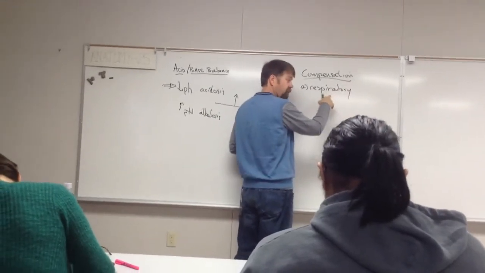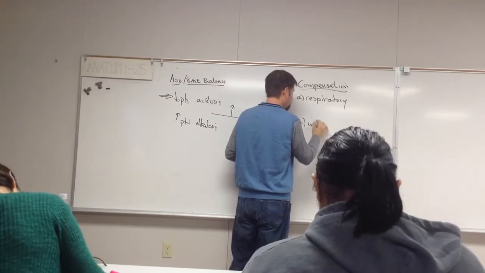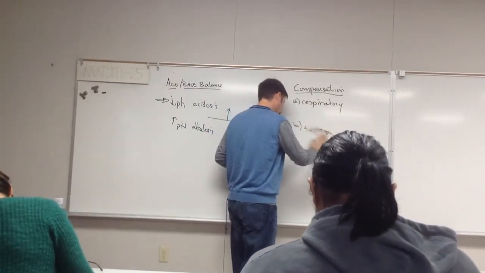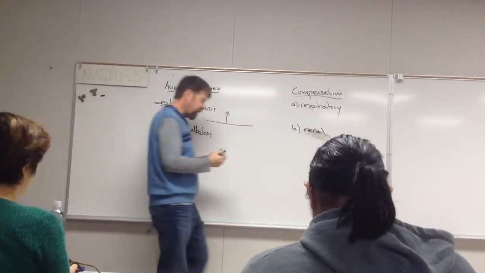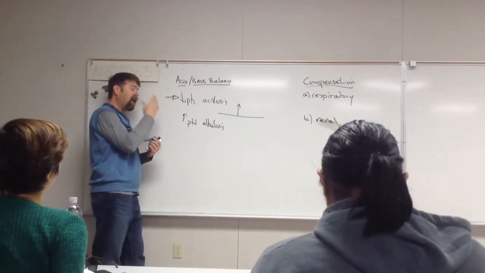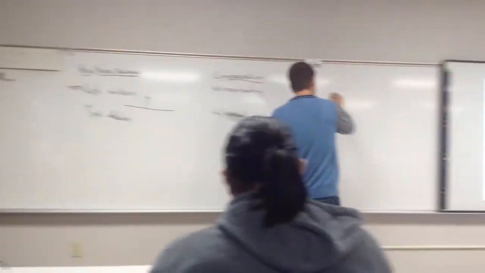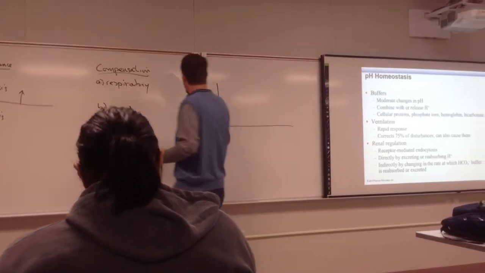This actually accounts for most of it. It's the quickest. And we can have urinary compensation, or renal compensation. So these are the two mechanisms by which we can help return the body back to normal. So if we think about this here, let's do it this way.